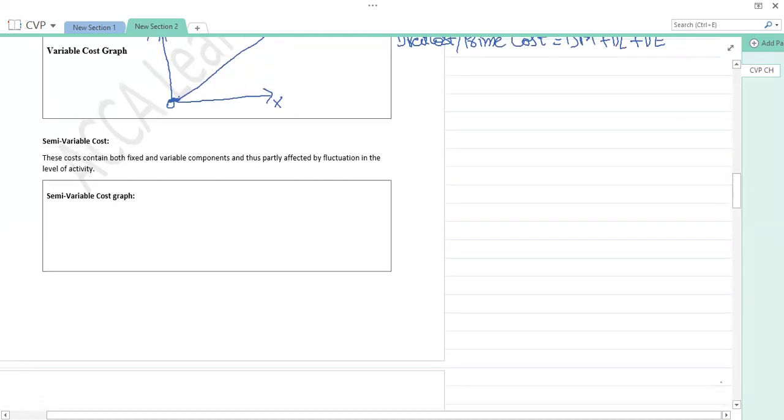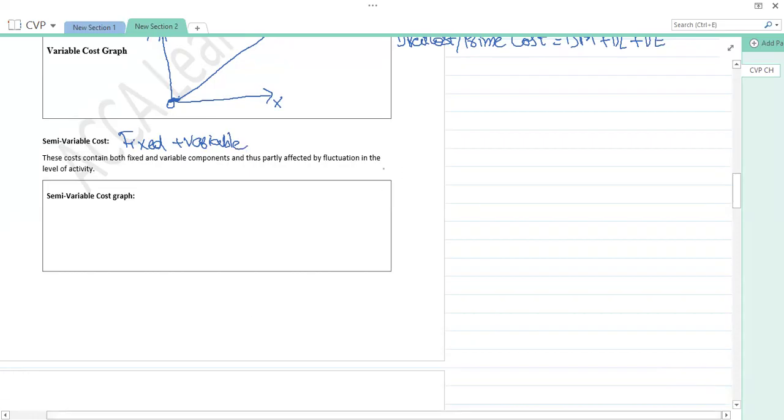Now, semi-variable cost. A semi-variable cost is the cost which contains fixed and variable cost. It is the cost which behaves like fixed and variable cost at the same time. Fixed plus variable, like utilities, electricity.